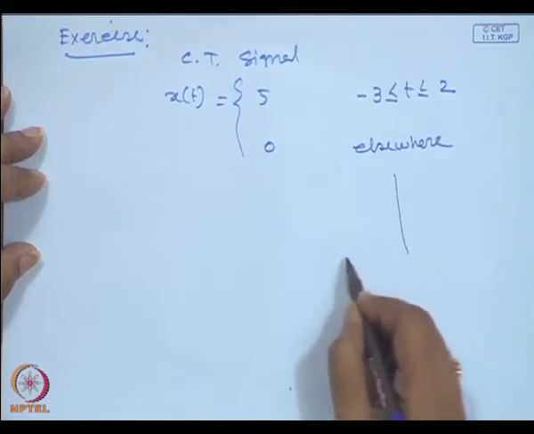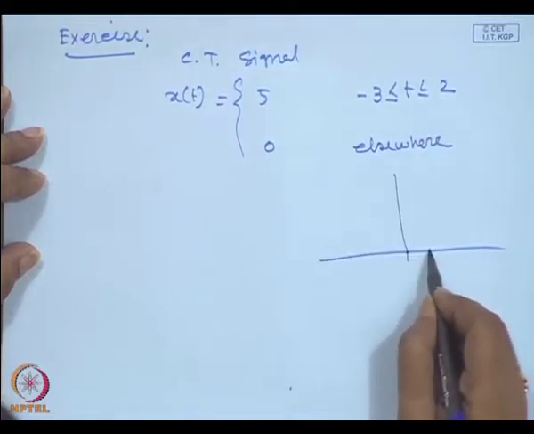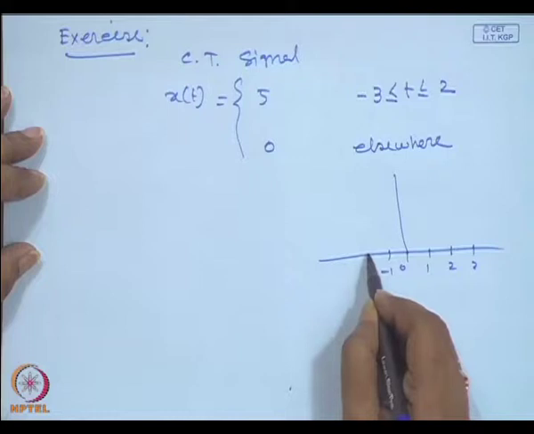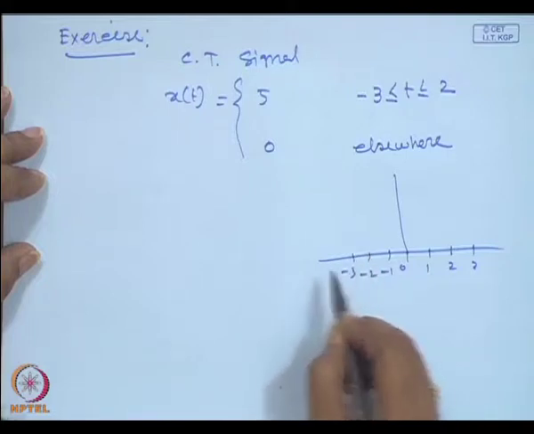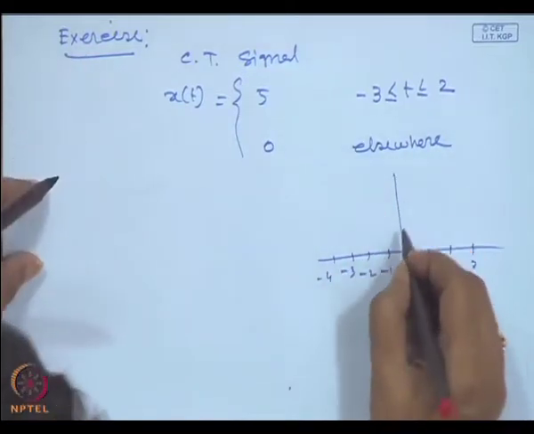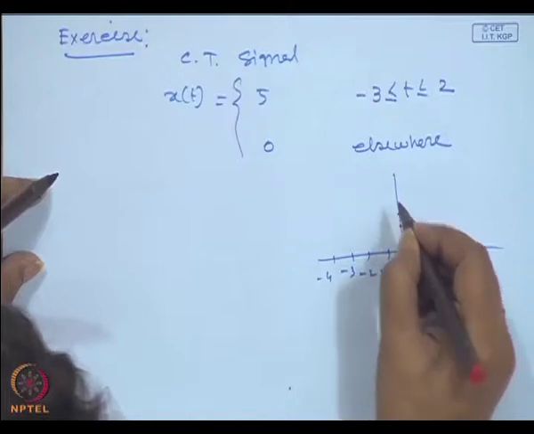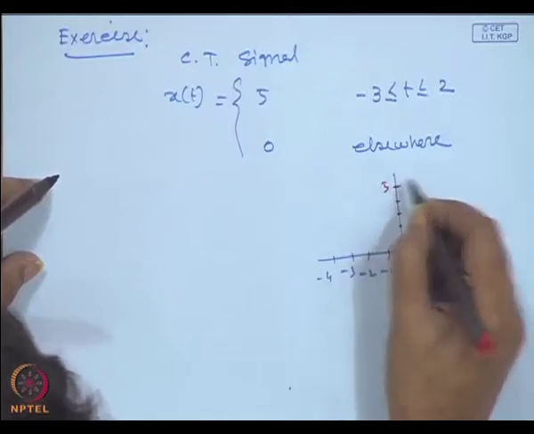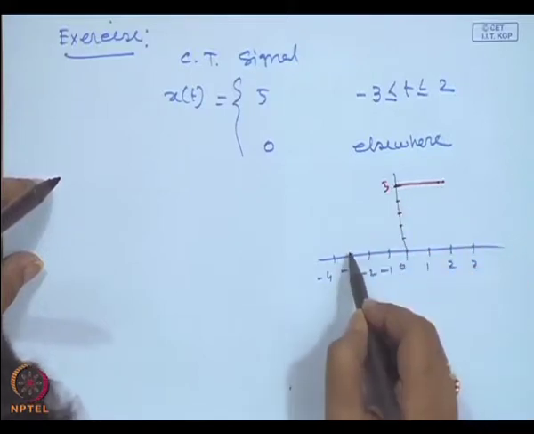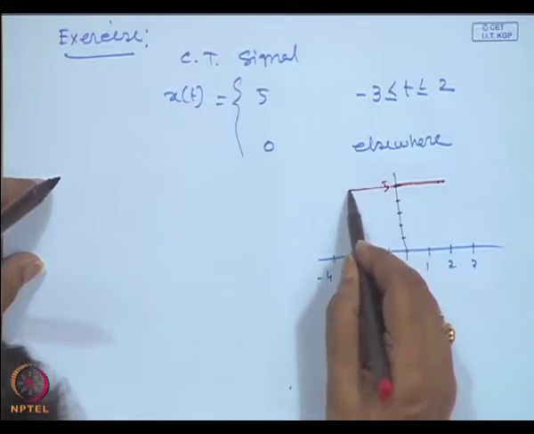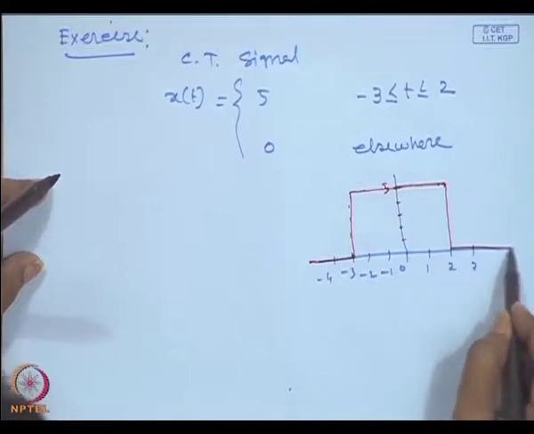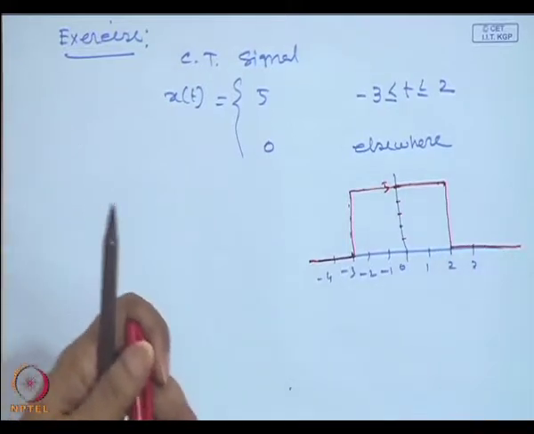That means the signal looks like this, with amplitude 5. The signal continues up to 2 on one side and up to 3 on the other side. After that it is 0. So as t tends to infinity on either side, this is 0.